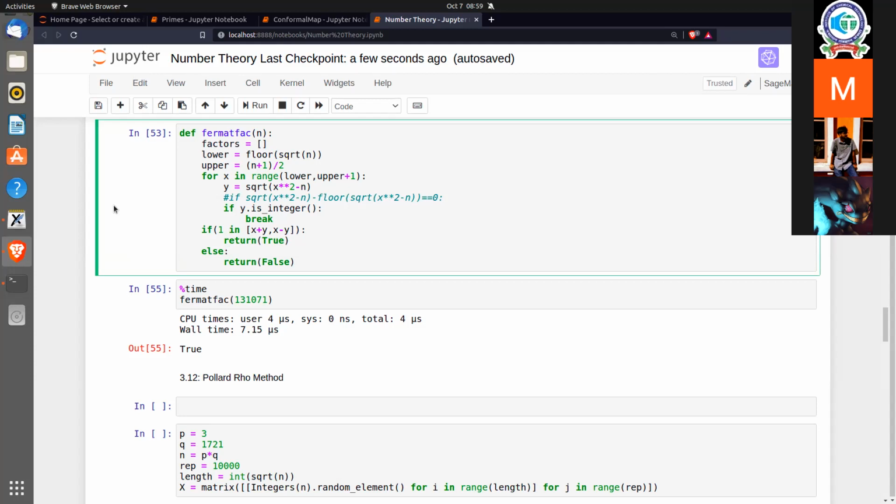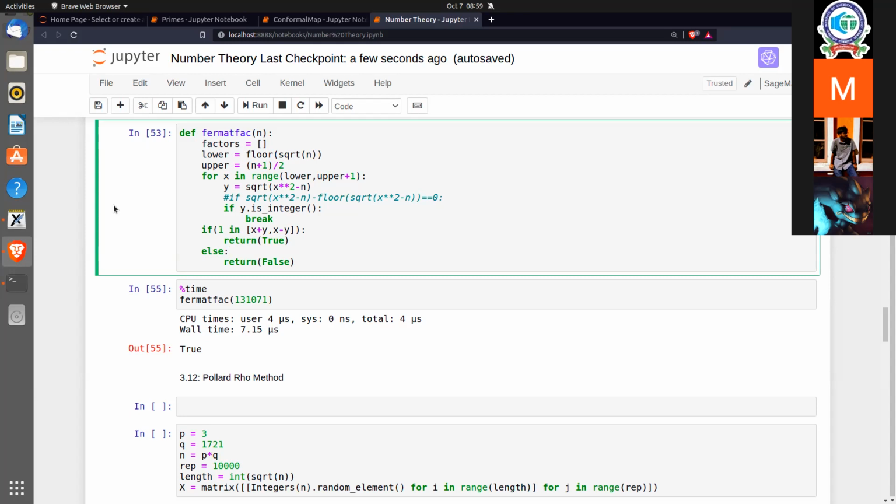But given a number, what are its factors? How to completely factorize it? We still do not have an algorithm for that. For example, the method we are doing, the Fermat factorization method, is a very old method, but all algorithms are developed from here only.